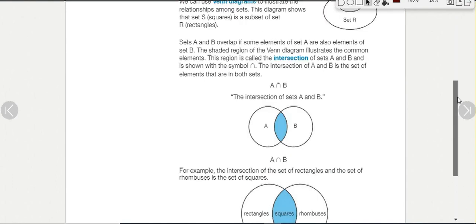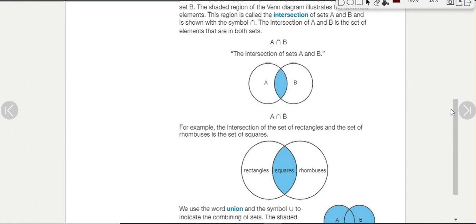Intersection, another symbol, is an upside down U, kind of like a curved N. The intersection of A and B is the set of elements that are in both sets. So if I say the intersection between set A and set B, in the Venn diagram would be everything in the middle that overlaps. So they aren't completely a part of each other because you've got this part and this part that are not, but they do have an overlap.